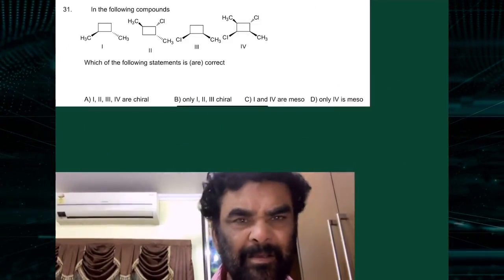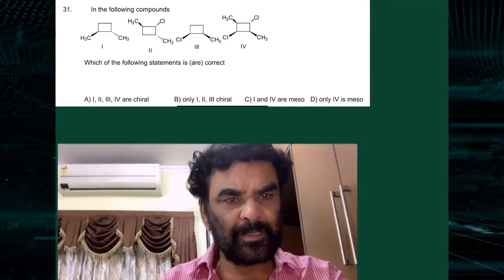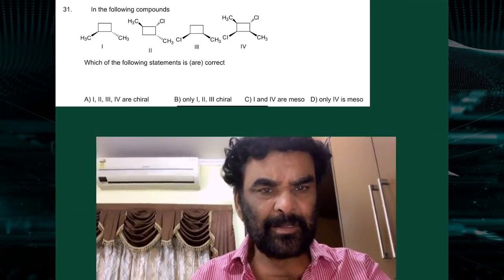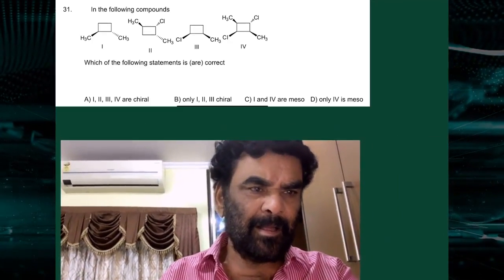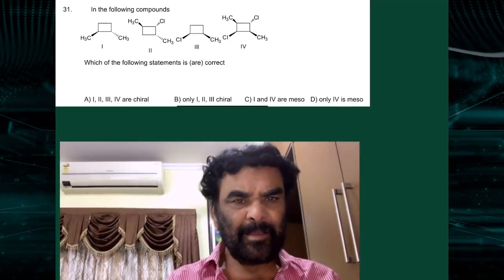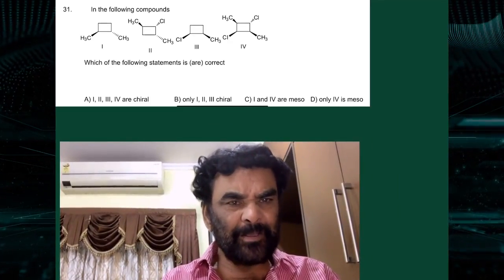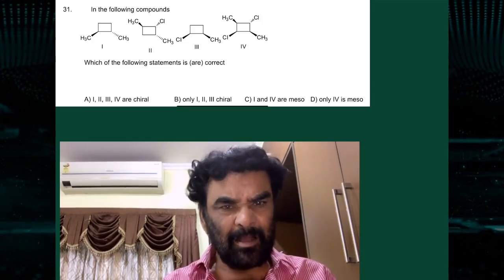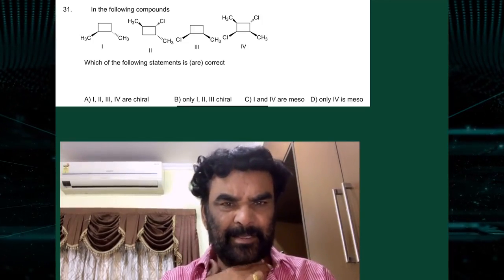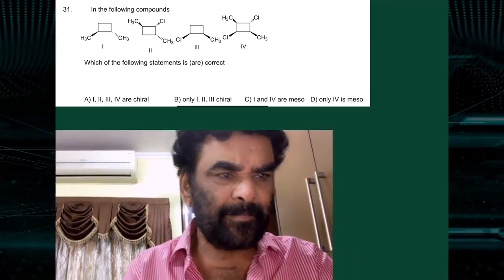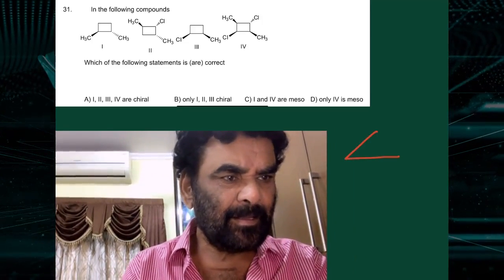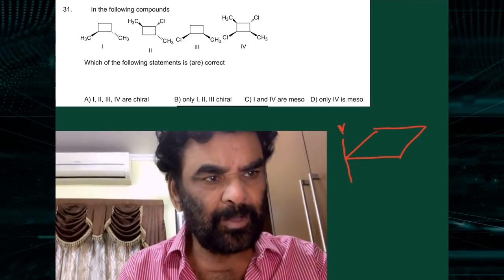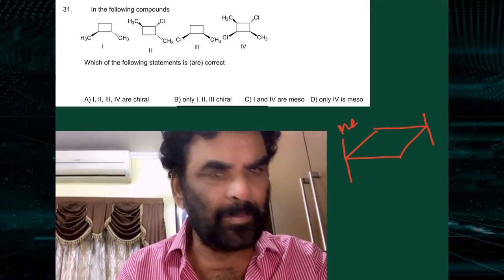Next, in the following compounds, which of the following statements is correct? 1, 2, 3 are chiral. Yes, this is trans. You see, this is above the plane, this is below the plane.